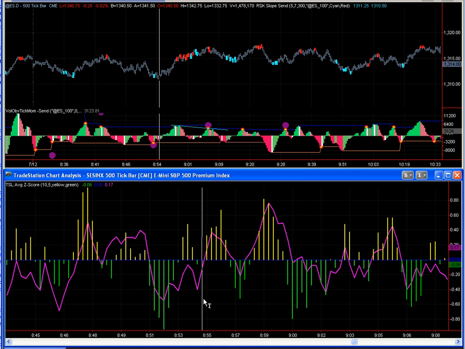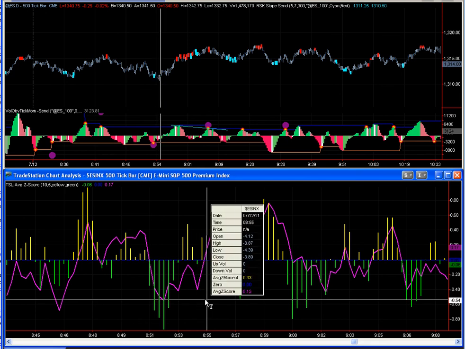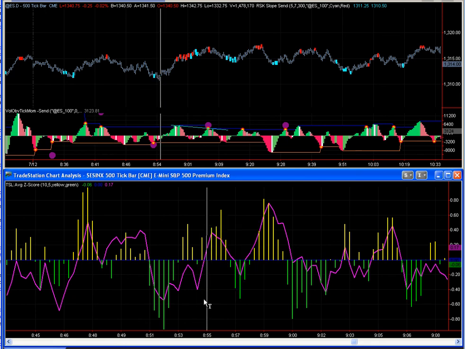Here's ultimately where we're crossing the zero line, but you can see how the z-score is getting progressively higher. The lows, we're getting higher lows on the z-score every time it drops down. So there's a divergence there. Wait for it to go above the zero line, and you have your trigger and your long trade.